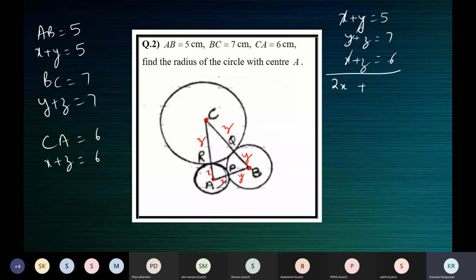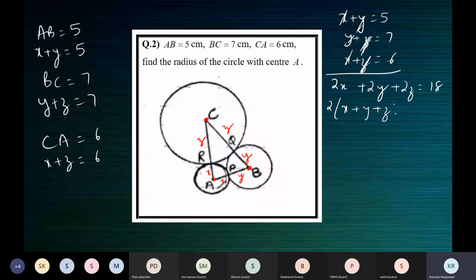Y and Y is 2y. Children, I'm not cancelling, I'm just slashing it to show you the positions. Z and Z, 2z is equal to 18. Can I take out 2 common? So X plus Y plus Z is equal to 18. So what's the value of X plus Y plus Z? 9.